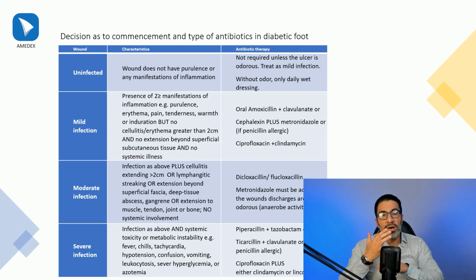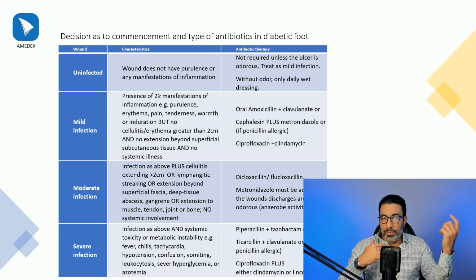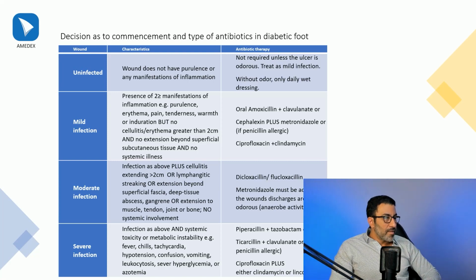We give the patient either amoxicillin clavulanate or cephalexin plus metronidazole, and if the patient is allergic to penicillin, we give ciprofloxacin plus clindamycin. If you want further information, you might want to check Therapeutic Guidelines. It's a very good thing to have, but it's a little bit expensive. You have to pay like $500 per year.